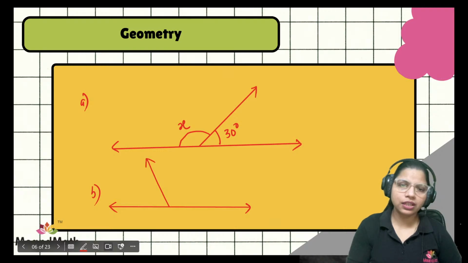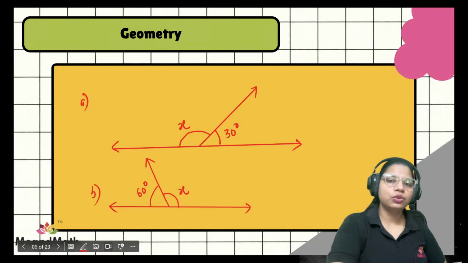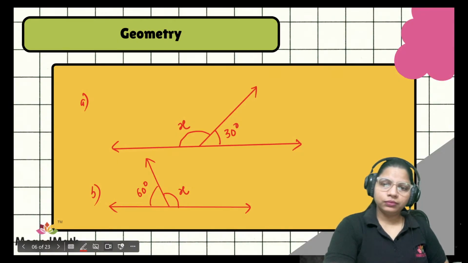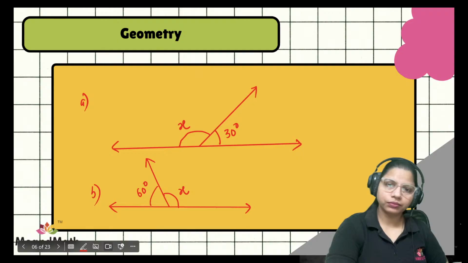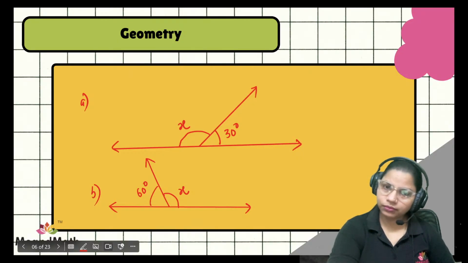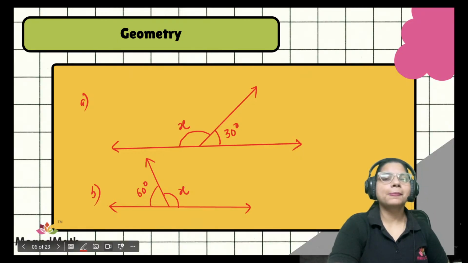If this is 60 degrees, what's the measure of X? A and B, two questions. If you're standing, just quickly answer.